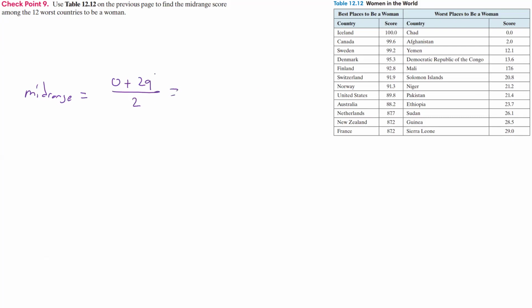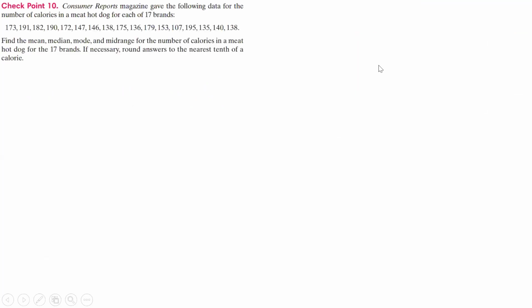That's going to be 14.5. So that's going to be our mid-range in this case. All we did is take the lowest plus the highest and then divide by 2.